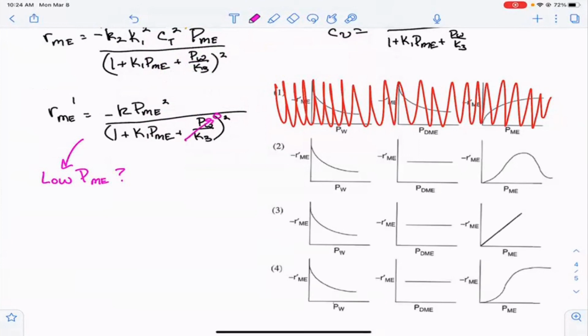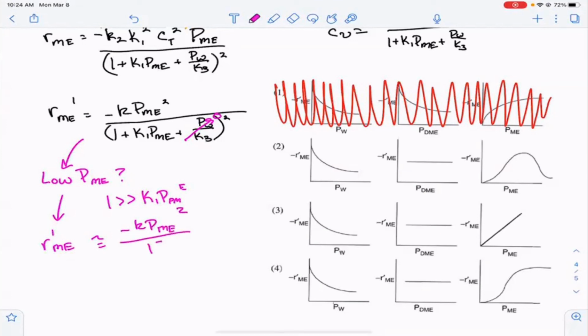And at low PME, 1 is much greater than K1 times PME. So our rate law at low pressures of ME is just minus K times PME squared divided by 1.